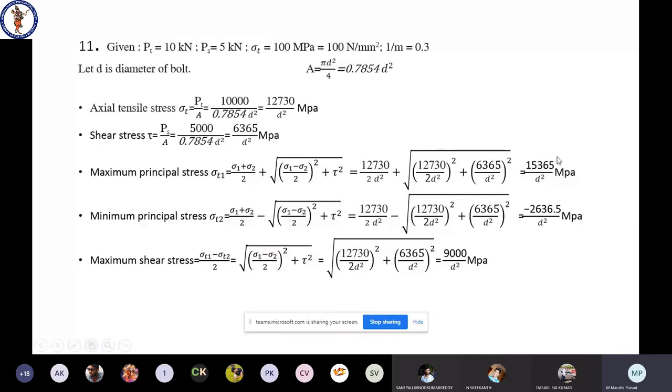Both are same. So from that we are getting 9000 by d square megapascal.